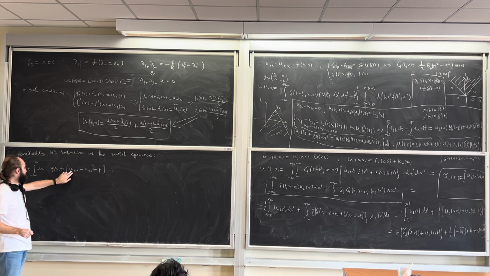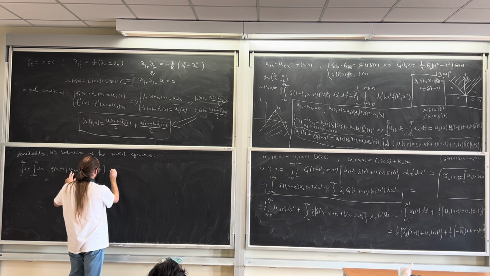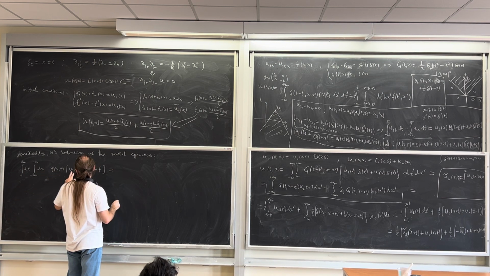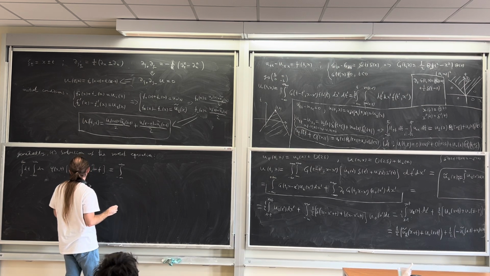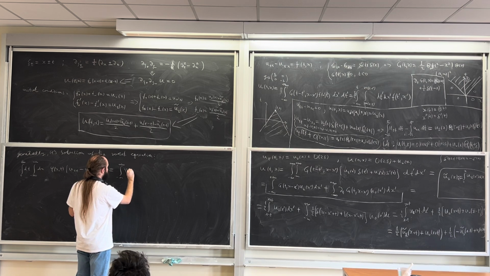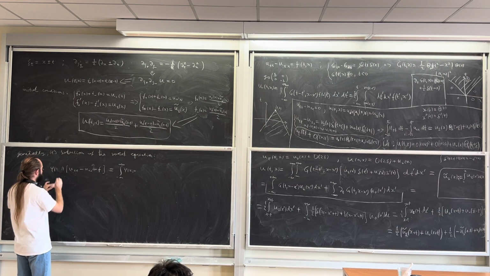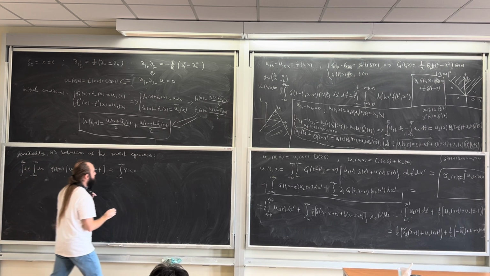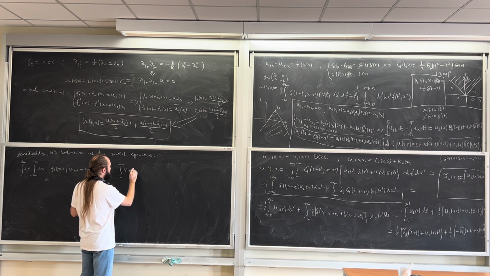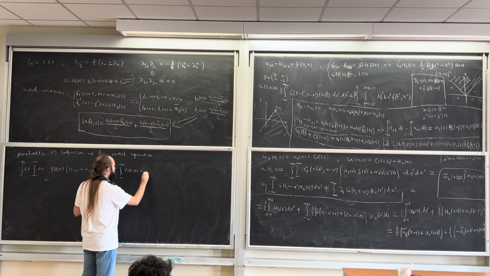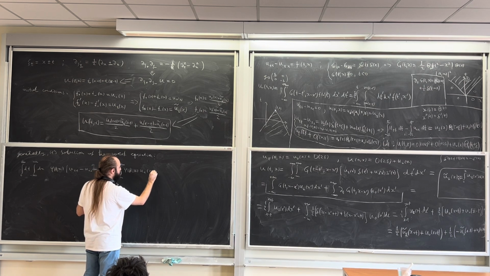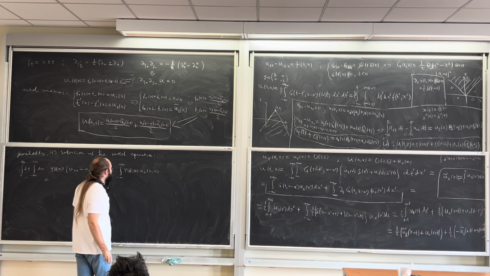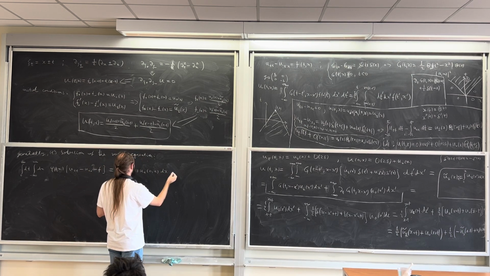So we integrate by parts and get first the integral from minus infinity to plus infinity of phi of tx, phi of tx ut, minus phi of 0x ut of 0x dx.